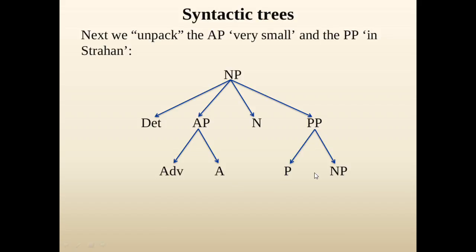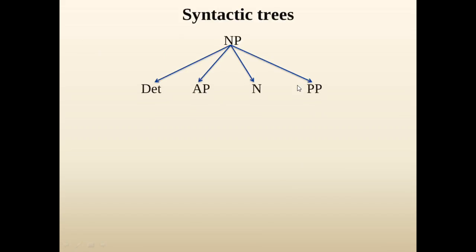Our next step is to do the same with the lower NP, Strom. In this case, it only involves the head of the phrase, Strom. So it means a single immediate constituent, which is an N. And this almost completes our syntactic tree.